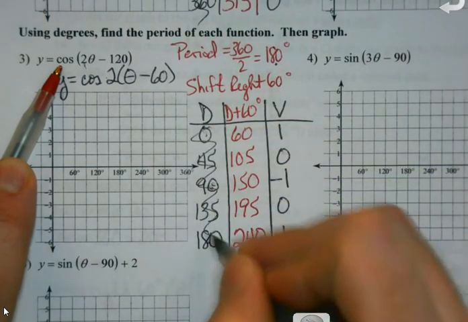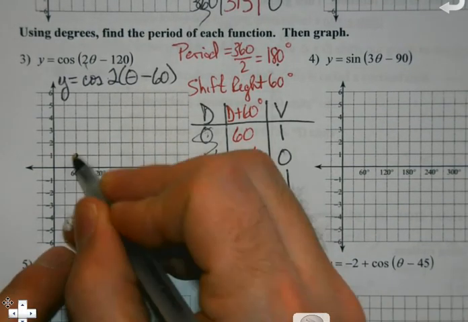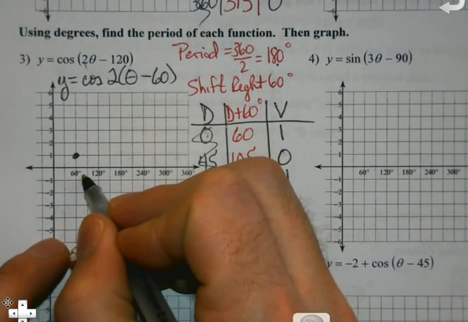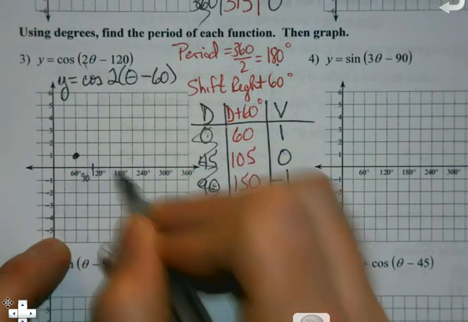And again, I don't need those initial ones anymore because I want to graph what I see here. So you're like, okay, well 60, I see 60. Well, what's up with 105? Now, 105, because the line here would actually be 90, 105 is going to be kind of the midpoint.